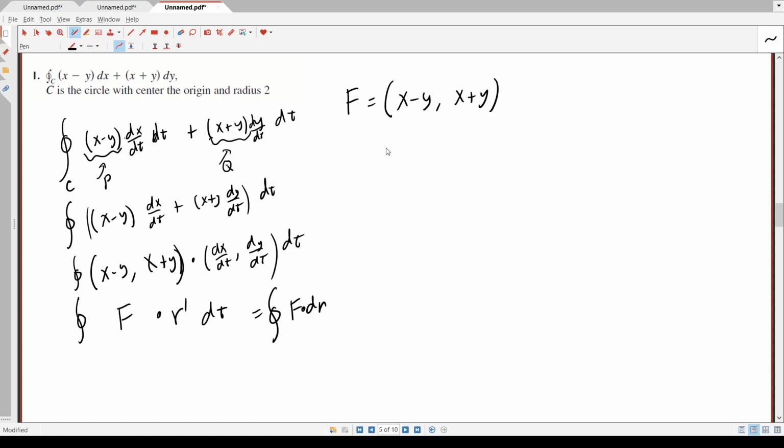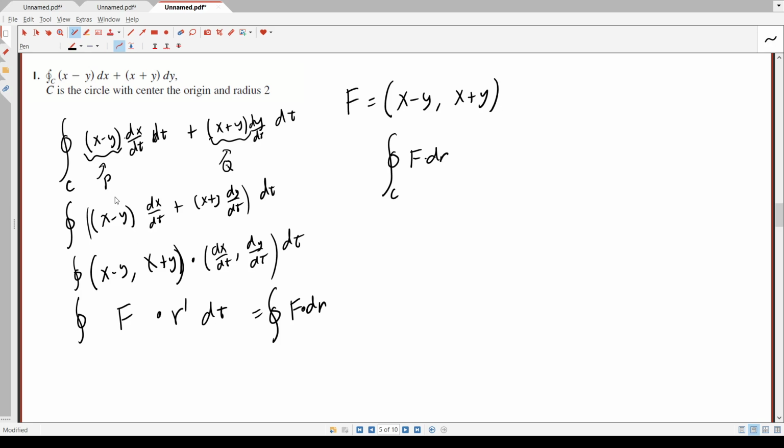But what I can do is turn this into a double integral. So this integral along the boundary of the circle of radius 2 turns into the double integral of f dot dr.